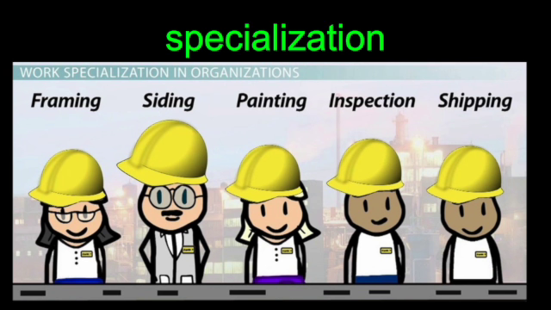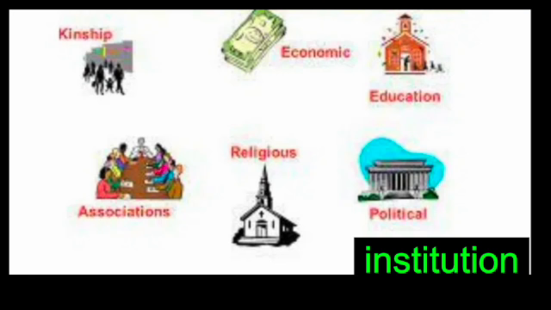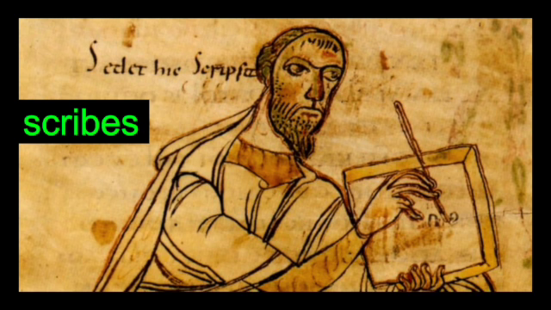We see specialization, different types of work for different people. That's part of an advanced civilization. Everybody has their own niche. Institutions are ways of organizing people into groups, and the patterns by which those groups function is part of a civilization.